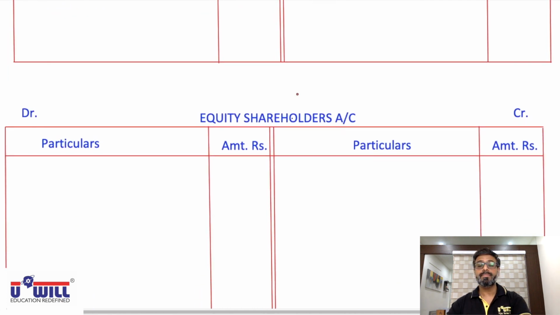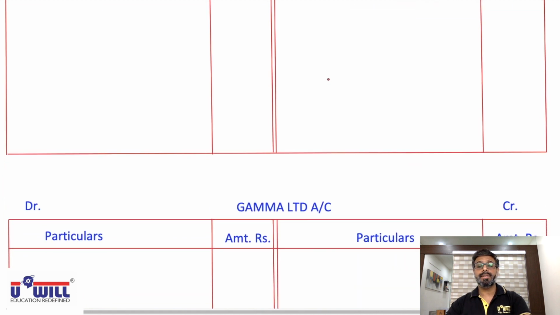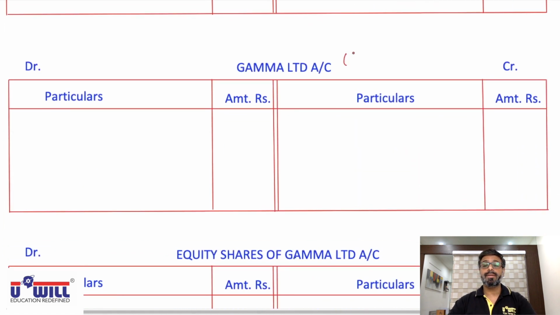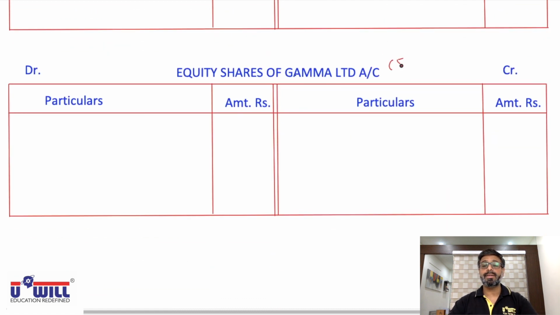Then equity shareholders, make around 10 lines format. Then Gamma Limited, make 5 lines format. And equity shares of Gamma Limited, make 5 lines format.